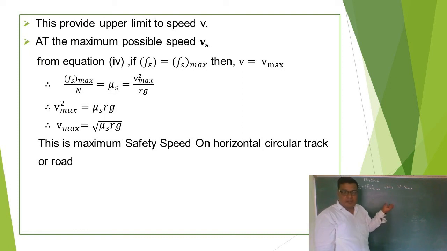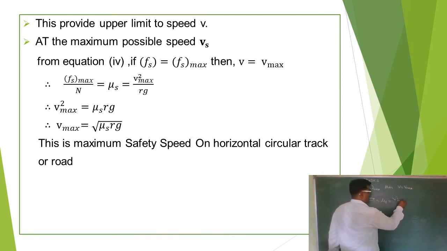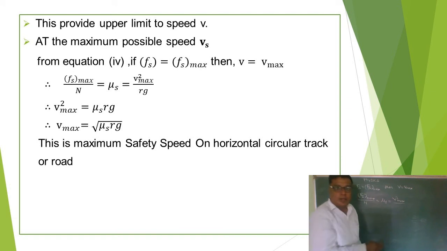Now, from equation 4, Fs maximum upon N is equal to mu s, which is equal to v square max upon rg.